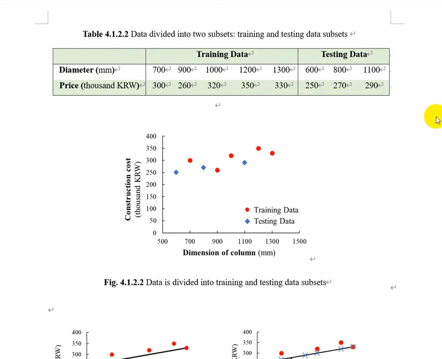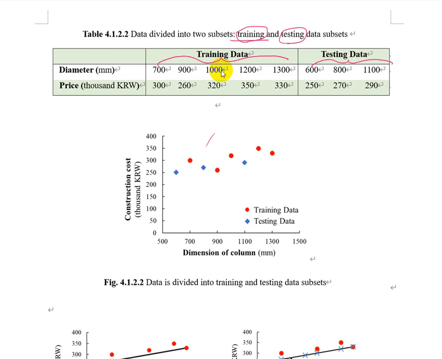But here we divide the data into two subsets. One set is for training networks and one set is for testing the results of training to see if the training is performed accurately. So 5 data are used for training, and 3 data are used for testing the trained network.